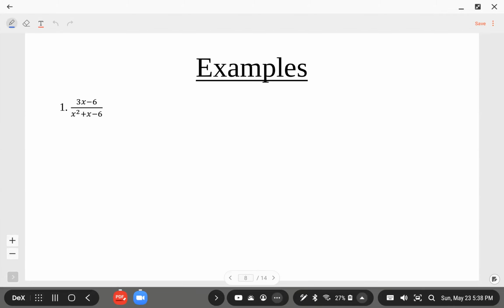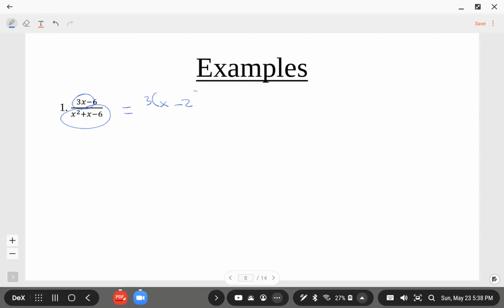So who can solve this? No one. Okay, I'm just going to walk you through this. Basically, you factor, like what we do in mathematics.